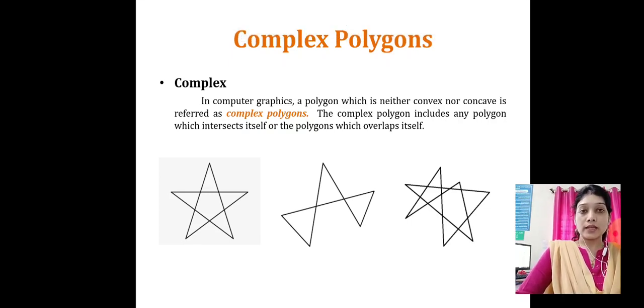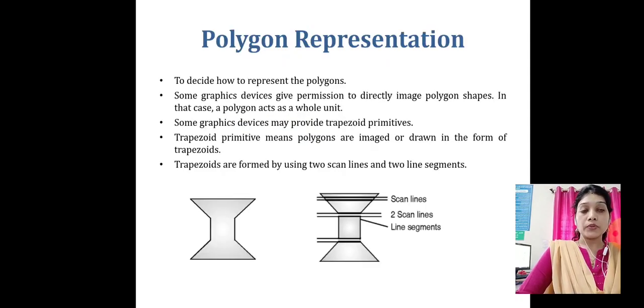Then the next thing is how we are going to represent these polygons. This is a very important thing, the representation of a polygon. To decide how to represent a polygon, some graphics devices allow us to directly draw the polygon shape as it is, meaning some graphics units can draw the whole polygon at a time, but some graphics devices do not support this kind of polygon representation.